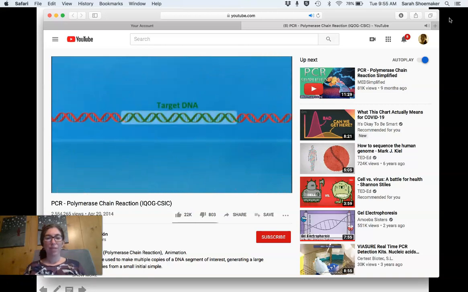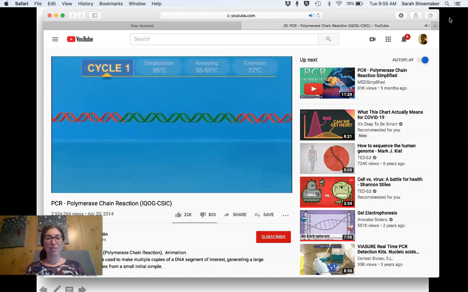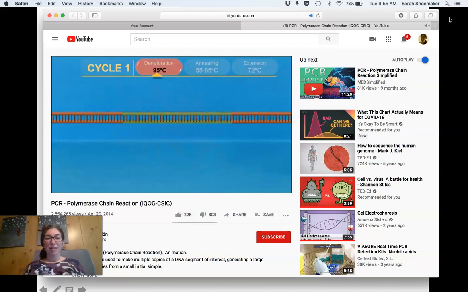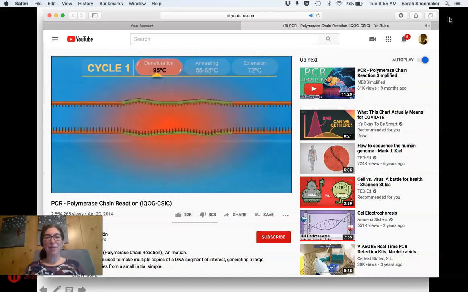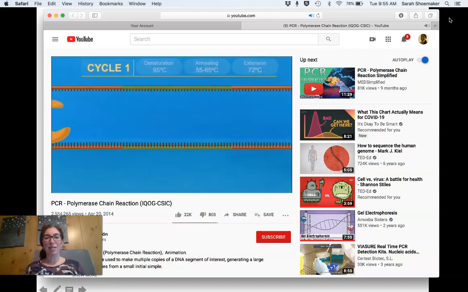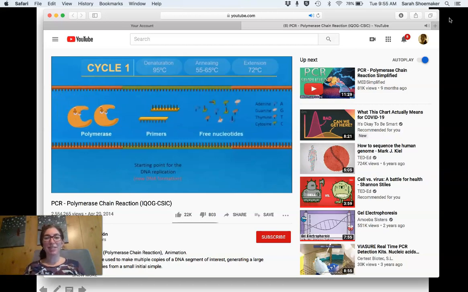The first step of PCR is going to be melting the strands apart, which we call denaturation. I'm using heat to melt the two strands of DNA apart. And then we have the annealing stage, where the primers come in and find their complementary sequence.